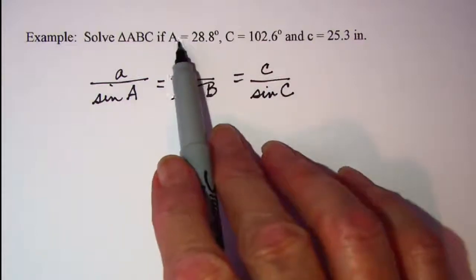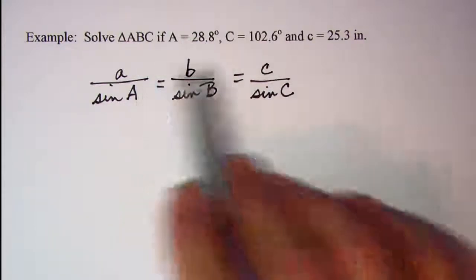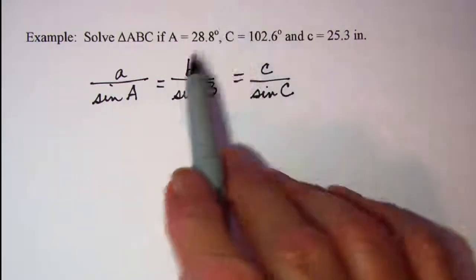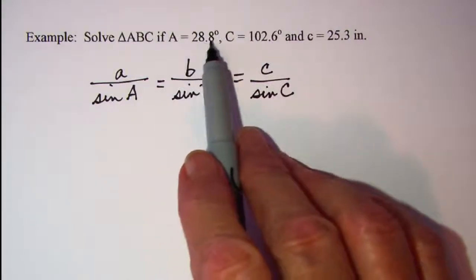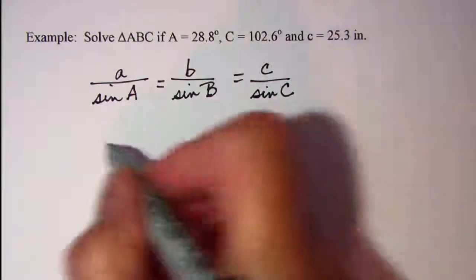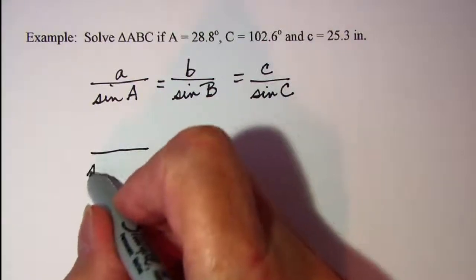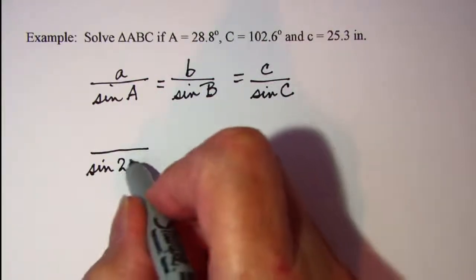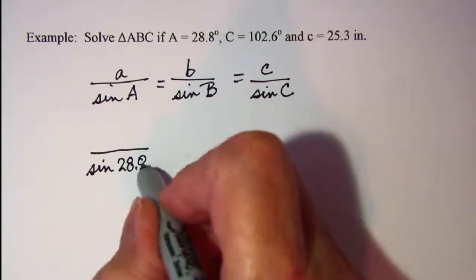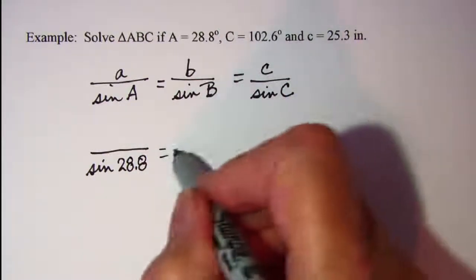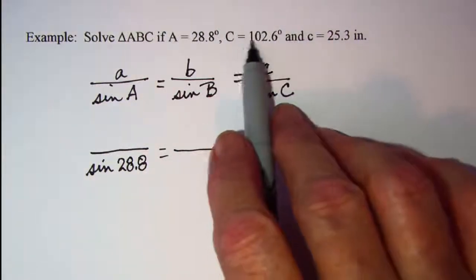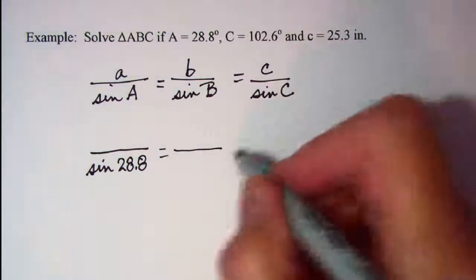All right, so now if we put our information into these proportions, 28.8 degrees is angle A. Angle C is 102.6.